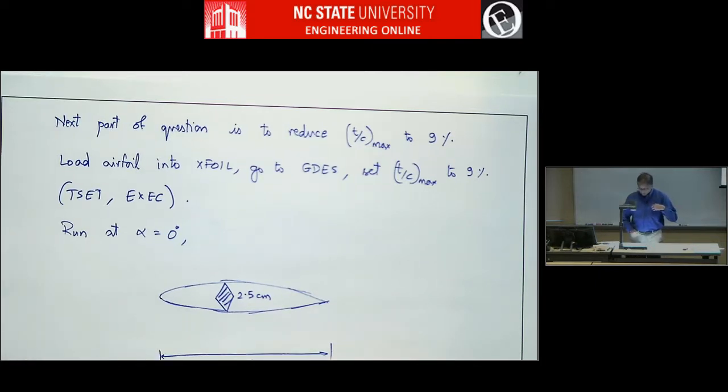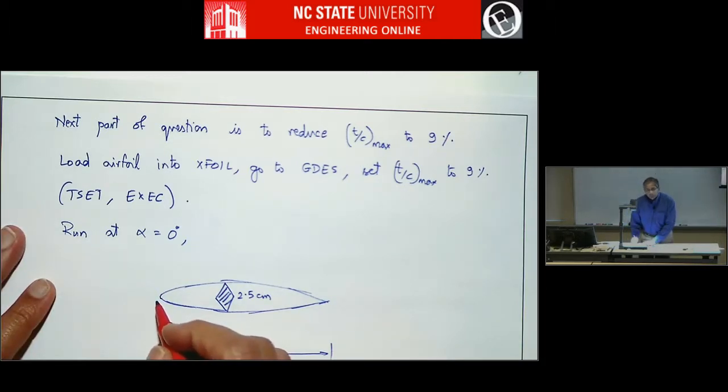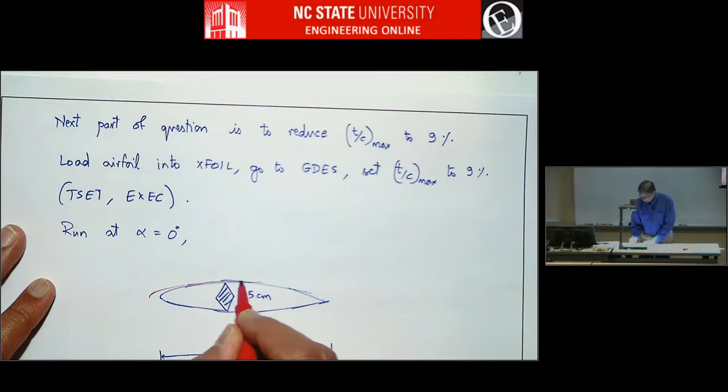So now you have a thinner airfoil, thinner meaning T over C is smaller, but the thickness itself is the same. So chord is what? 27.8, okay. So it'll look like this, something like this.